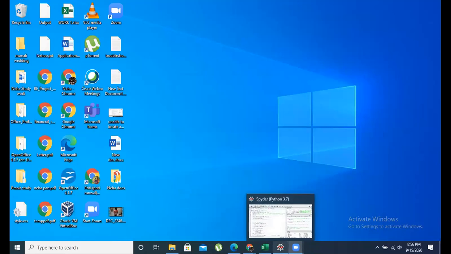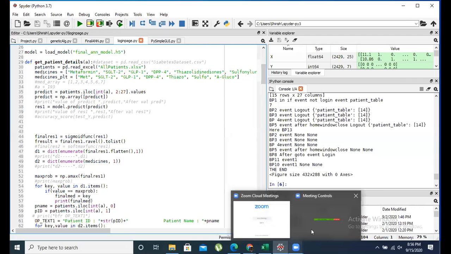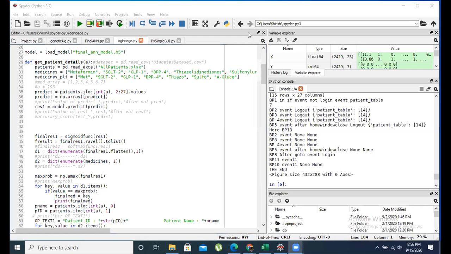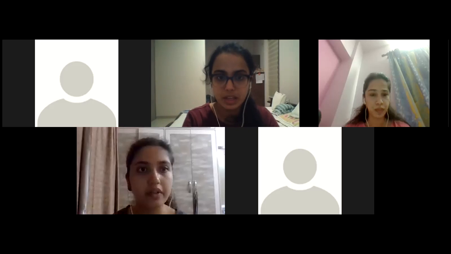So basically, for the features of this GUI, we have used Python at the back end as it is the most suitable language for machine learning. So we thought that we could integrate the machine learning part with the GUI part.